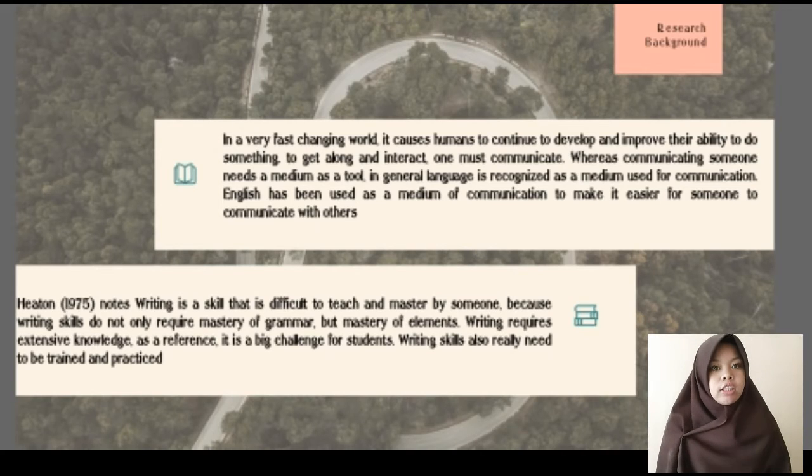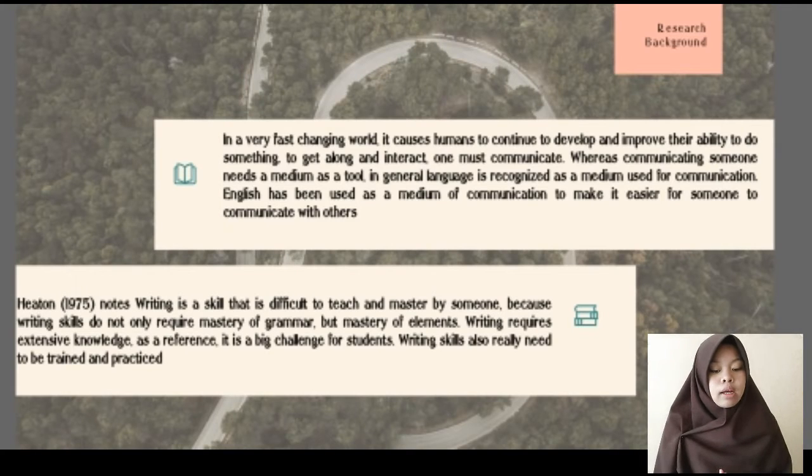So, language is very important. Language has functions to express ideas and opinions, but there is a little problem. When someone interacts and communicates with other people, how is it possible for someone who has a different background, a different culture, comes from a different country, and of course has a different language, to communicate with other people?